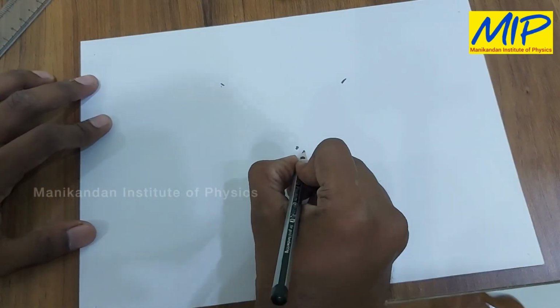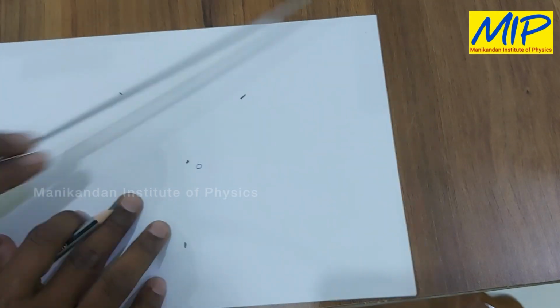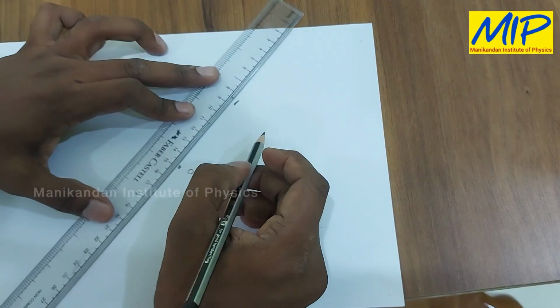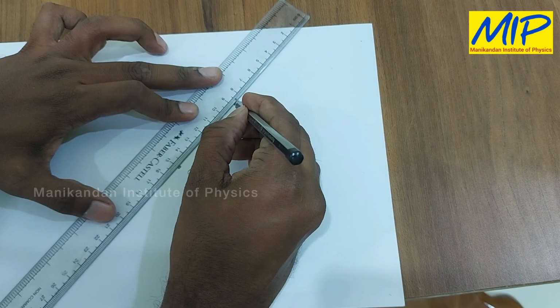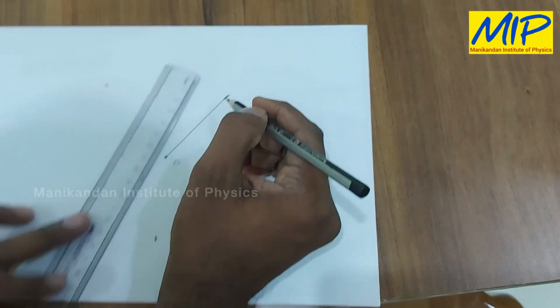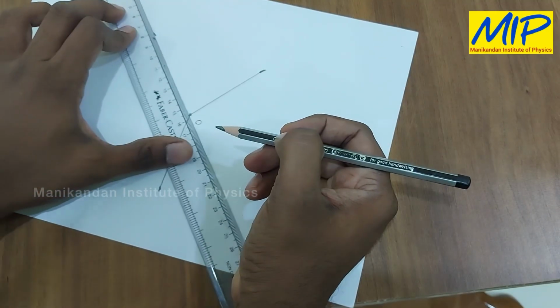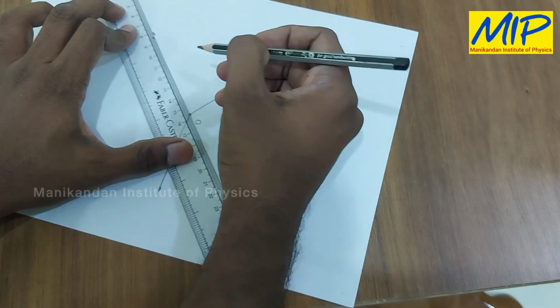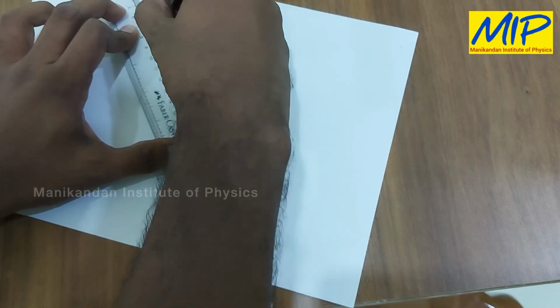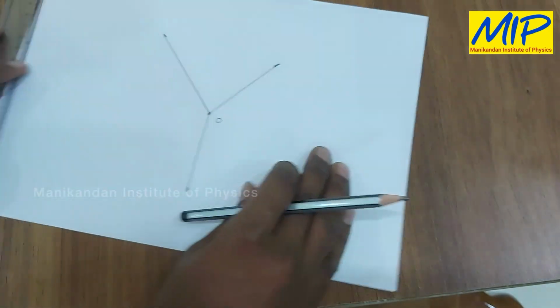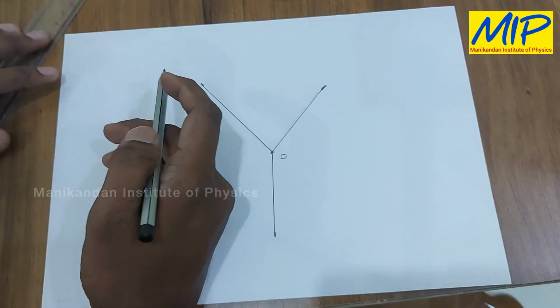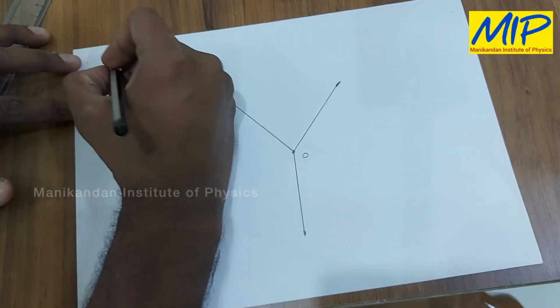This is my point O, so I am going to connect these 2 points and this point and again this point. So now the scale.